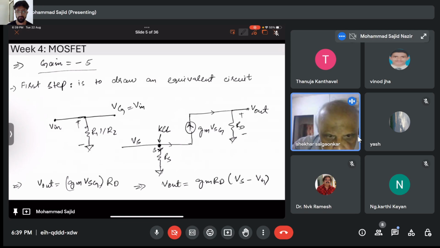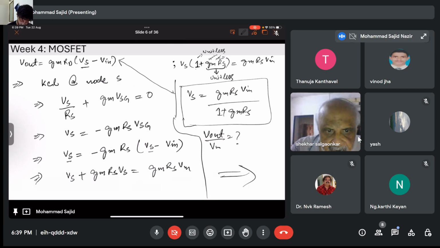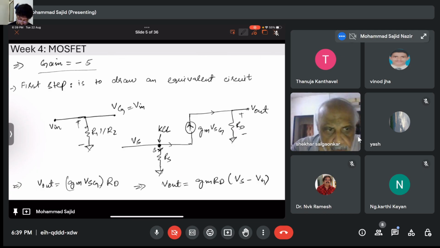My doubt is how you applied it. I just want to know the equation you derived at point S, where the current is going downwards from the arrays. Okay, so let me just draw something here.